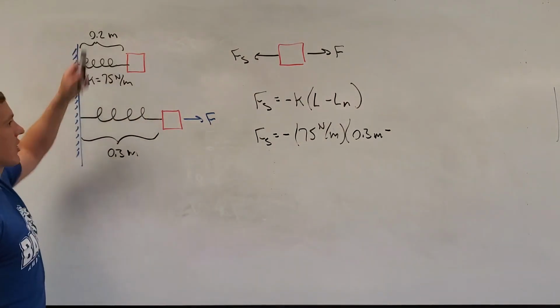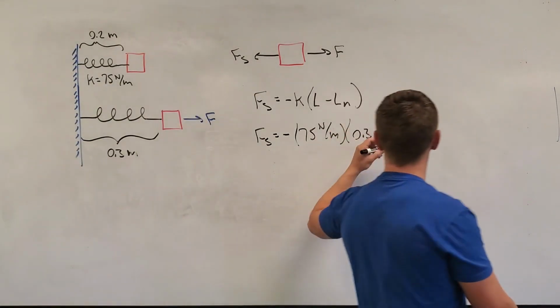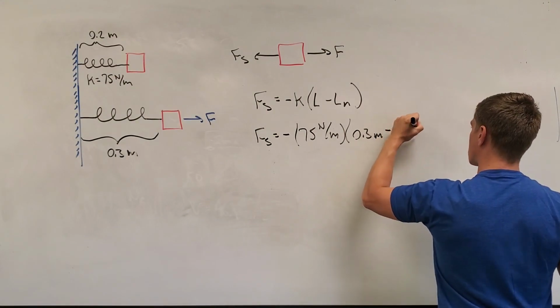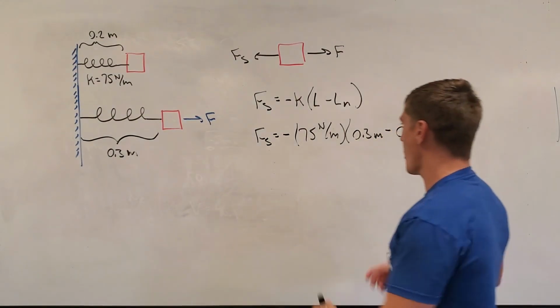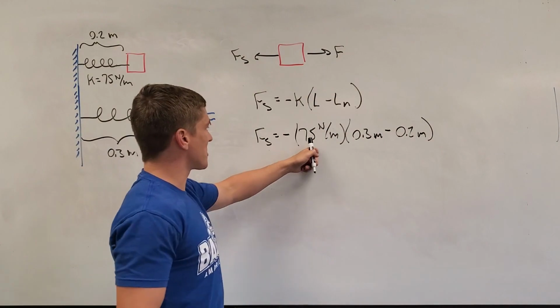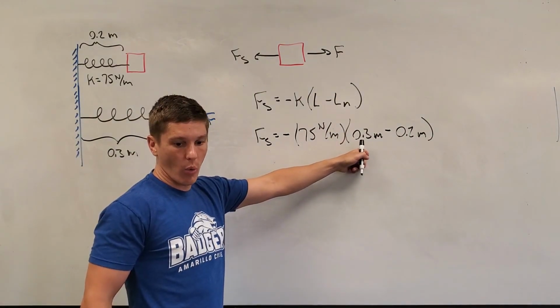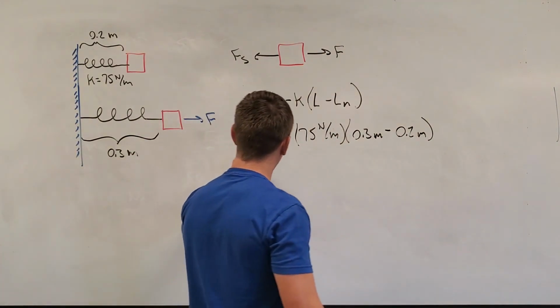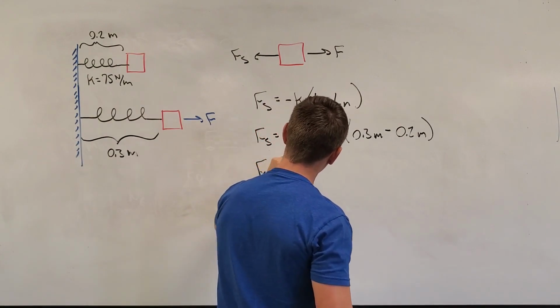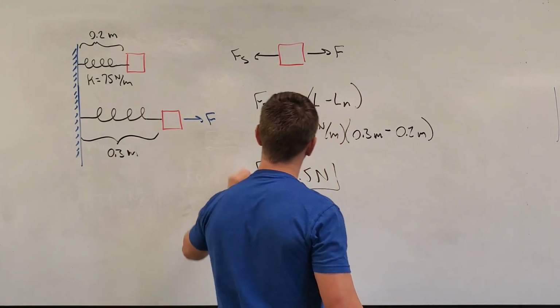Its natural length was 0.2 meters. So we end up with the force of our spring being 75 times 0.1, which is just a negative. The force of our spring is equal to negative 7.5 newtons.